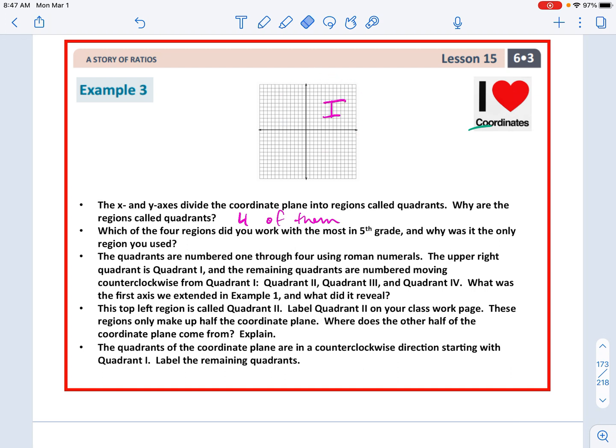We write these in Roman numerals. The upper right quadrant is quadrant 1. The remaining quadrants are numbered moving counterclockwise from quadrant 1: quadrant 2, quadrant 3, and then quadrant 4.